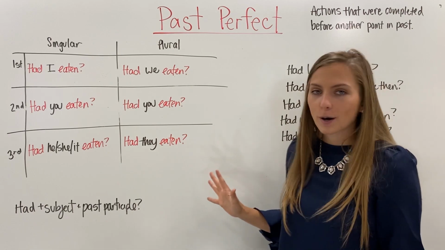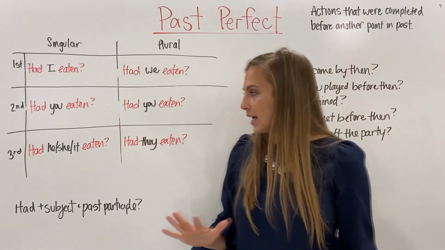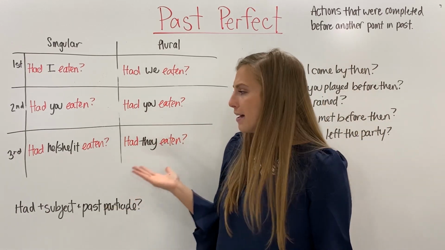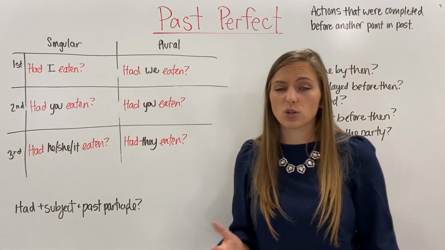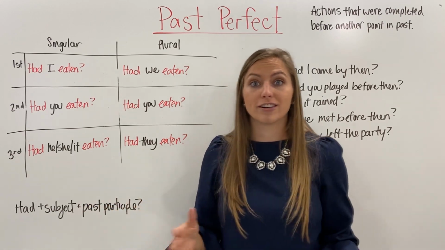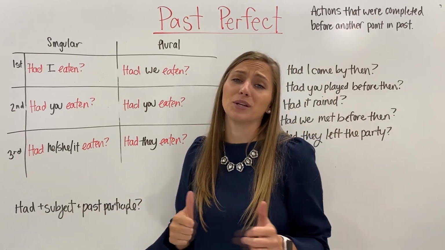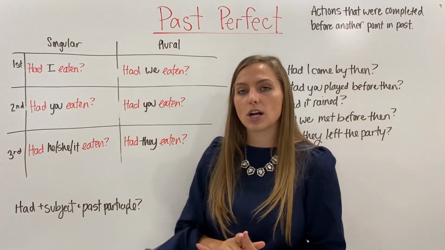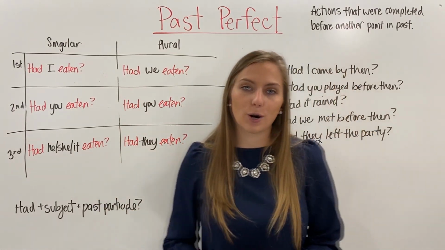Okay? The nice part is, again, the only thing that changes is going to be what subject you're using. But that's it. We don't have to change or conjugate for the different persons, which is really, really nice. So we add our had, we use the subject, and then we use the past participle.